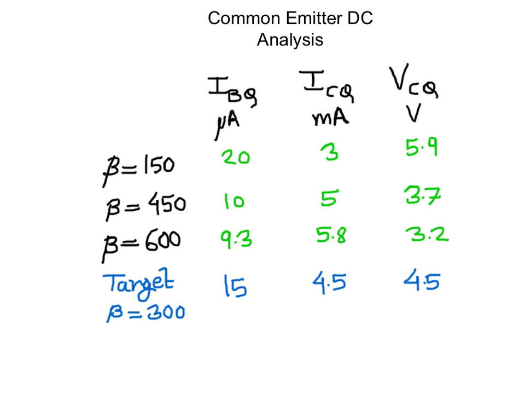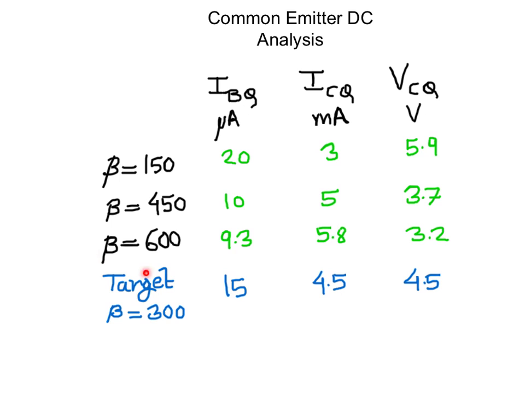The first thing we notice is that when we change beta from 300, the quiescent base current changes, unlike the simple common emitter circuit where the quiescent base current is fixed. Although the quiescent collector currents and the quiescent collector voltages vary as we vary beta of the transistor, this variation is not as large as that observed in the simple common emitter circuit.